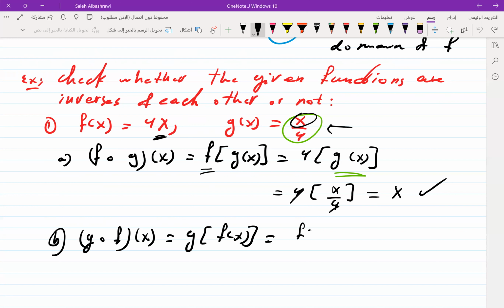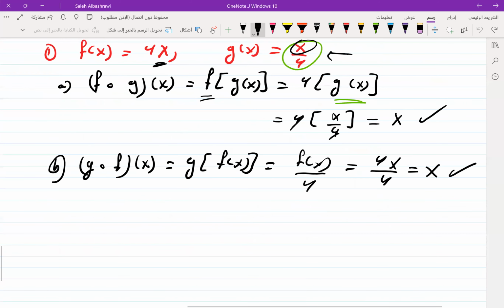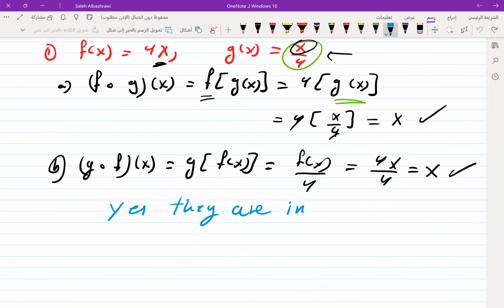This will be f of x divided by 4, so 4x divided by 4 is equal to x. So again, it is satisfied. This means these two functions are inverses of each other.